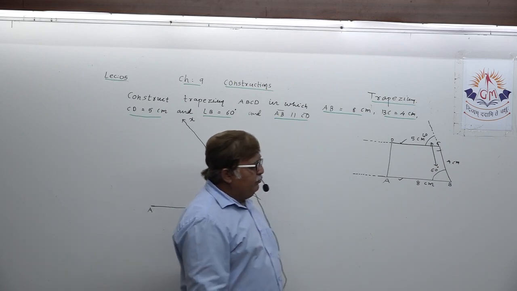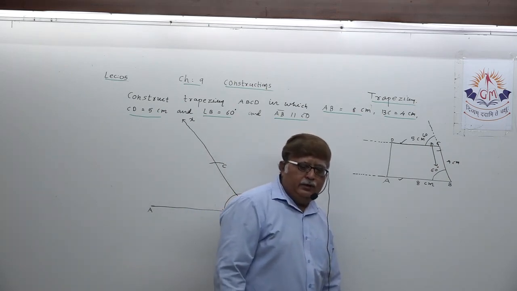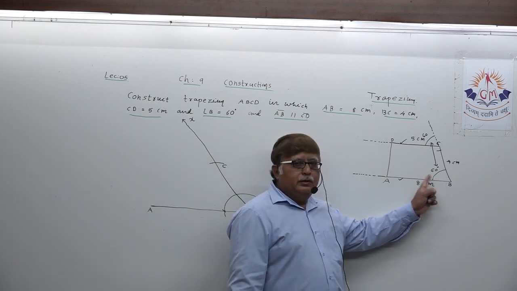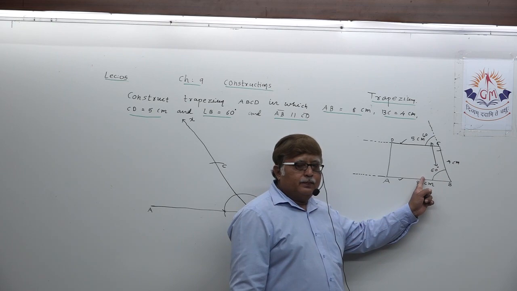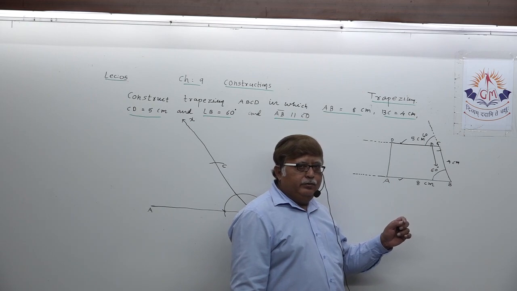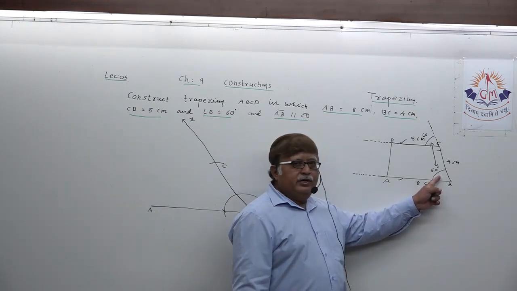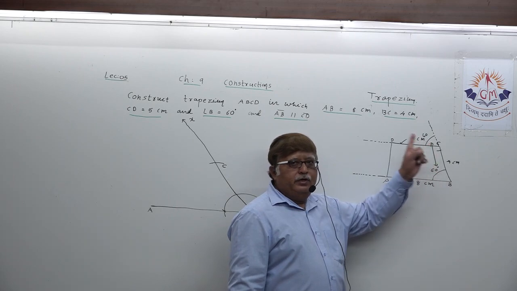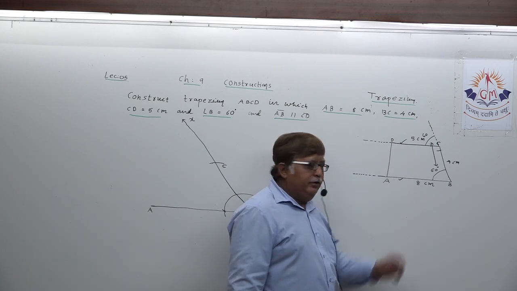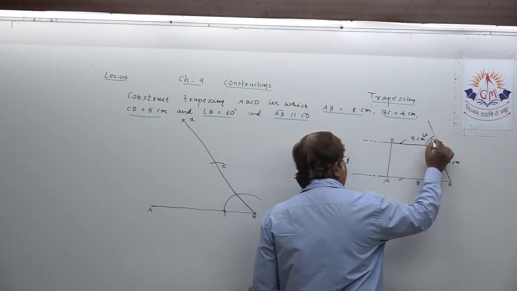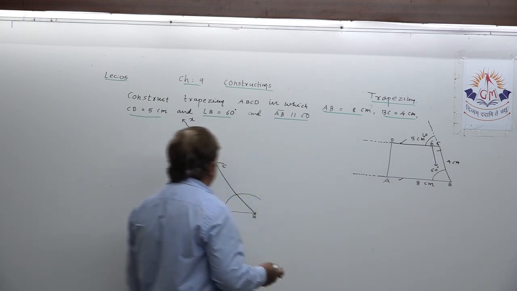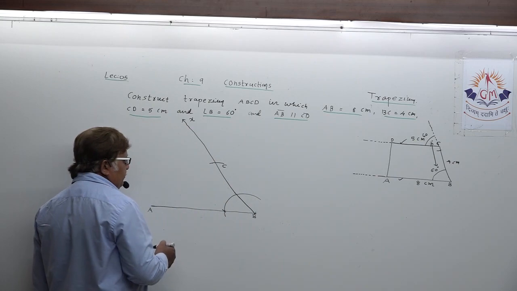But if you haven't studied about corresponding angle, please mind only one important fact. If you want AB parallel to CD, that means this angle needs to be compulsorily 60 degree. Means how will you construct here an angle of 60 degree? Understand? So you know very well.